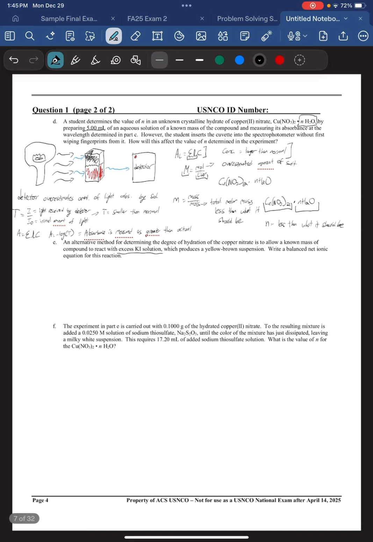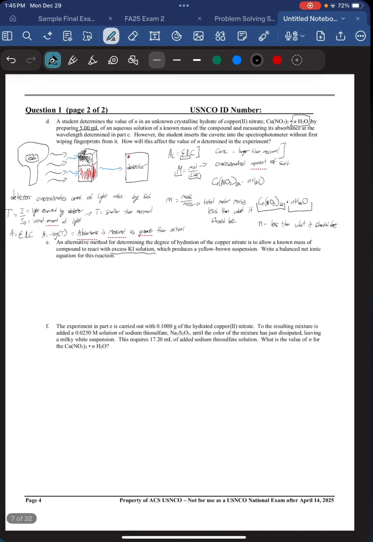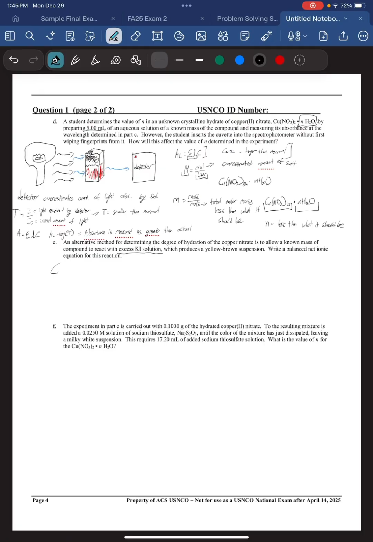So let's start off by writing our main reactions. We have our copper 2 nitrate, and it will dissociate into copper 2 plus and our nitrate anion. And then next we also have our potassium iodide dissociating into our potassium cation and our iodide anion.